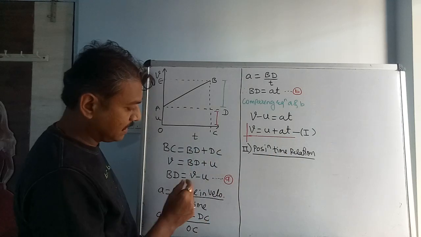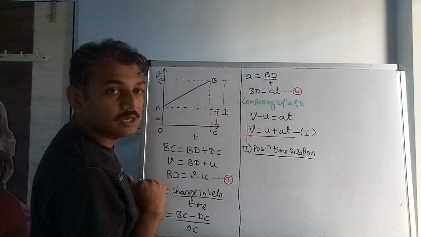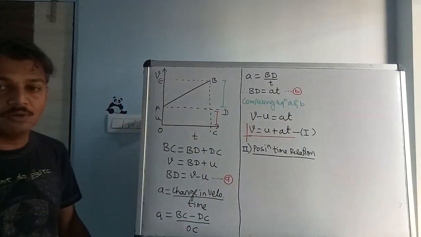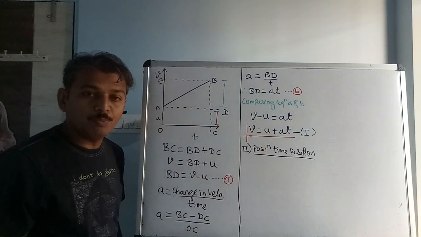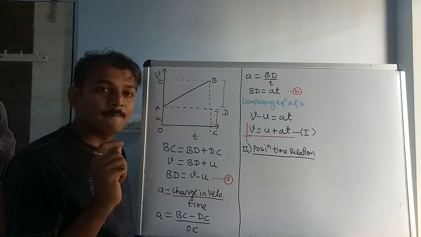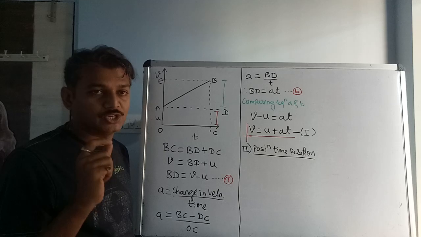So I can write here right hand side V minus U and right hand side AT as an equation. V minus U is equal to AT. So rearranging this equation, V is equal to U plus AT. This is the first equation of motion. First equation of motion is velocity-time relation.